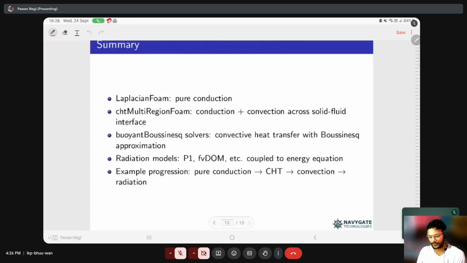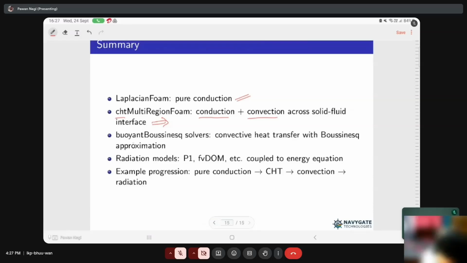This is the overall summary of what we have discussed. We have already gone through laplacianFoam, which is pure conduction. Then chtMultiRegionFoam is used for conduction, convection across the fluid solid interface. Here we should note that the fluid is compressible. We solve the complete energy equation.